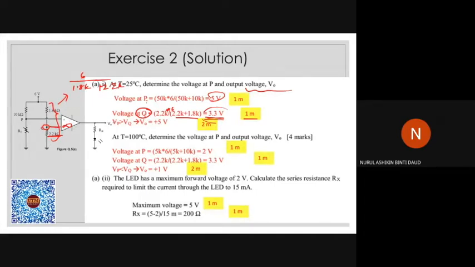So VP is bigger than VQ, so the output voltage will be positive 5. It will be positive 5, because the input signal from here is bigger compared to here.